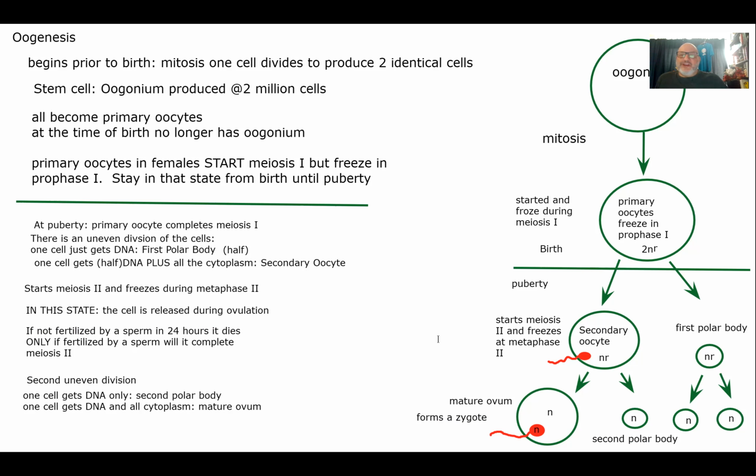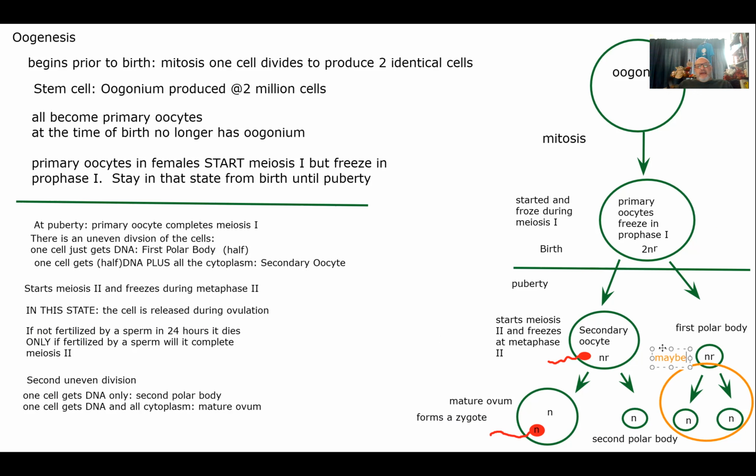But really, do we care if that first polar body divides? Depending on the situation, sometimes it'll divide, sometimes it won't. This is a big fat maybe. But more importantly, it's a we don't care.